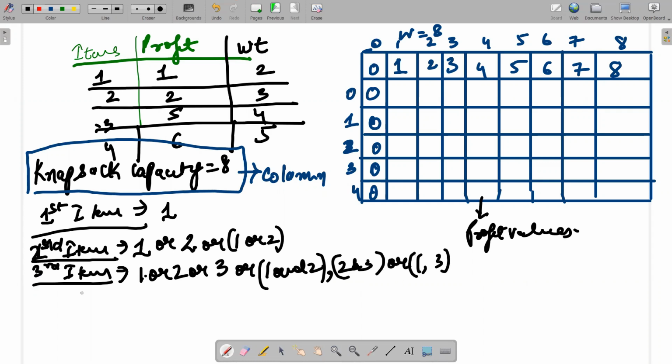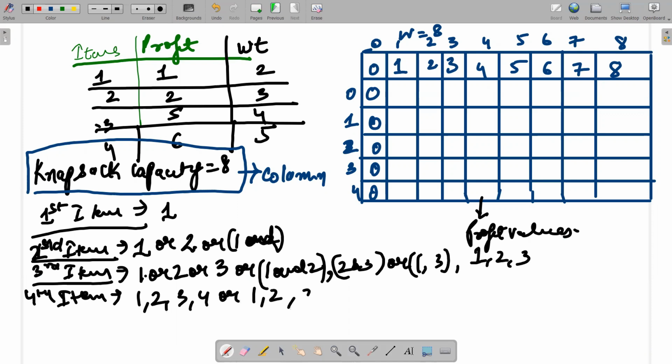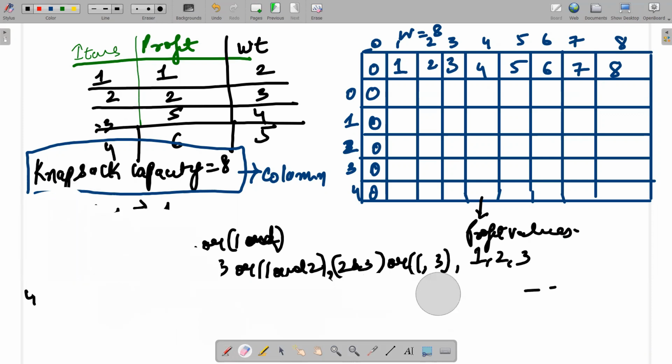And you can even put first, second, and third. If you are putting the fourth item, you have options such as first, second, third, fourth, or second, third, fourth, or first, fourth, and so on. This is something we need to understand to get the answers.